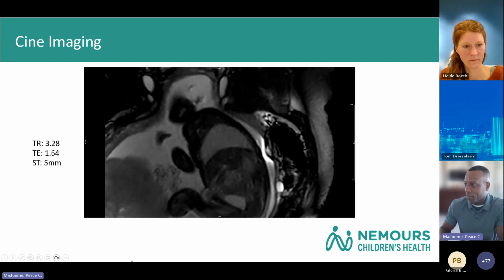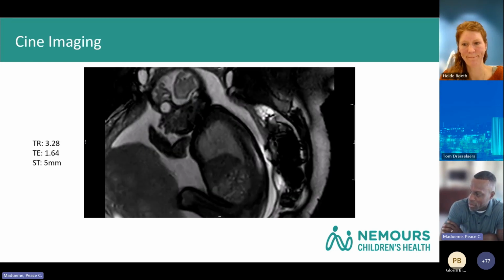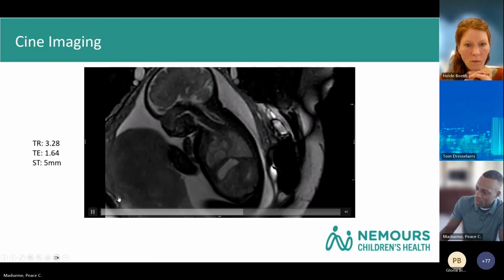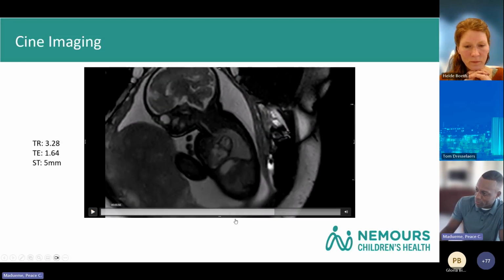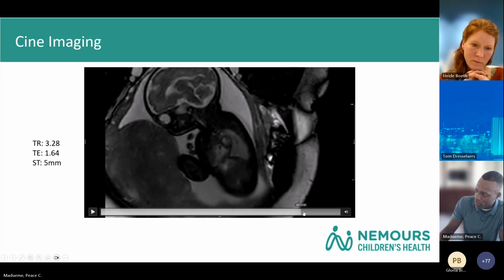And then we got the same sequence in the sagittal plane with parameters. Here we went down to 5 millimeters thick. Here we see the left ventricle, and realizing this is the superior portion of the left chest and the orientation of the left ventricle, the right ventricle that's larger.